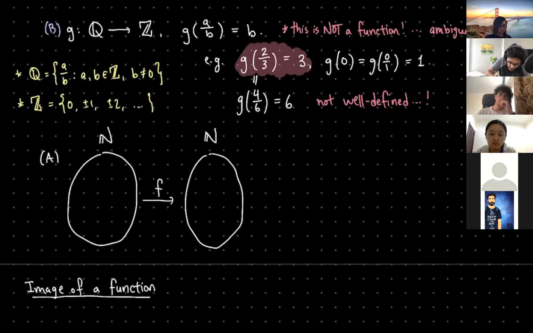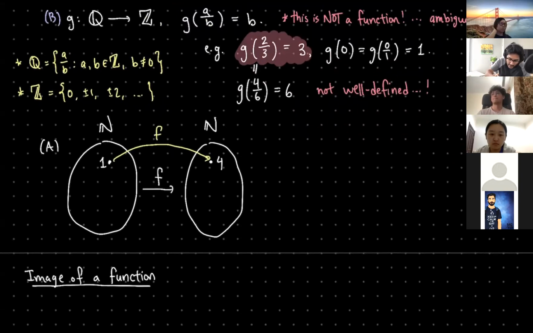So for example, if I plug in 1, I'm going to get the output as 3 times 1 plus 1, which is 4. So if I apply f, it moves 1 over to 4. And as another example, if I plug in 6, I'm going to get 3 times 6 plus 1, which is 19.